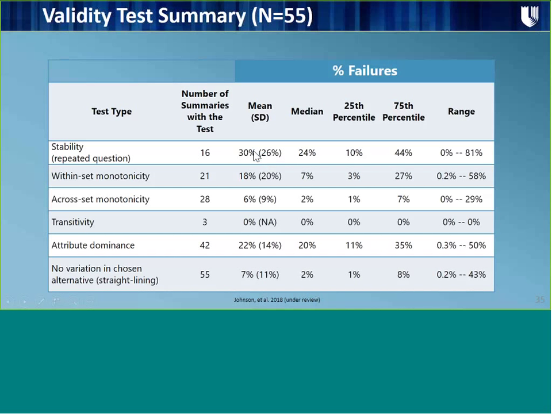We didn't really check how they applied this, but it is pretty common that people would put the repeated question towards the end of the sequence. That may be why we get 30%. Okay, so the 3 studies that included transitivity had no people who failed, and I'm going to move on.